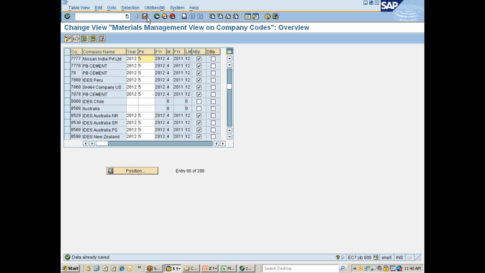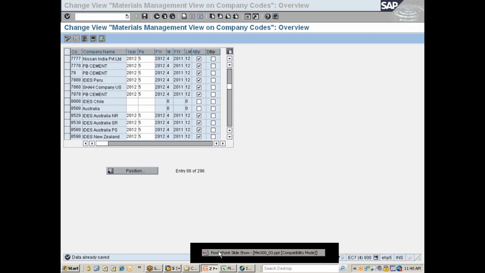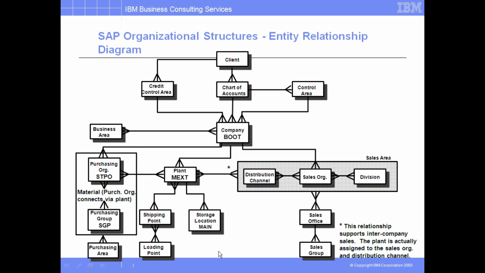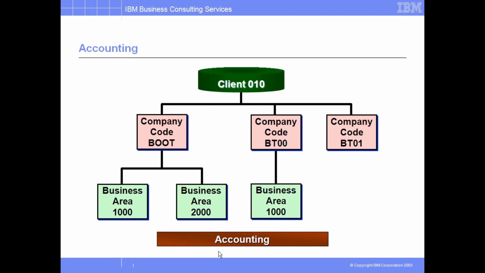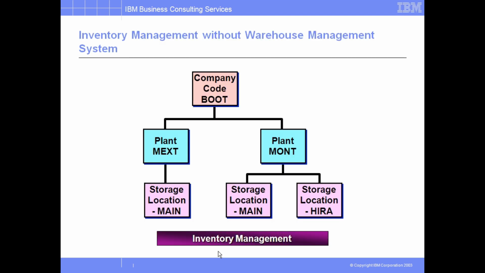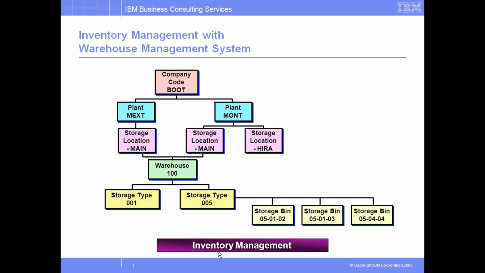Okay. We will keep discussing the various organizational elements when we go through the presentations. Like tomorrow I will walk you through these things once again: plant, purchase organization, storage location. From the accounting perspective, what organizational elements are required? From the inventory management perspective, without warehouse management, what are the key organizational elements required?